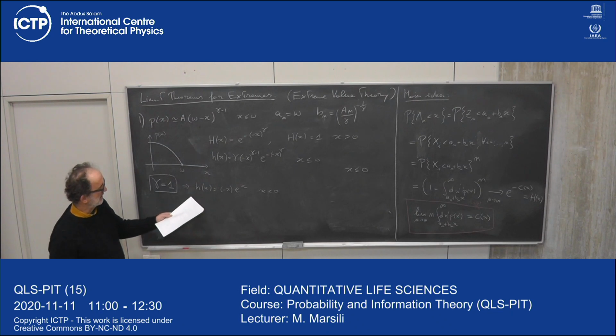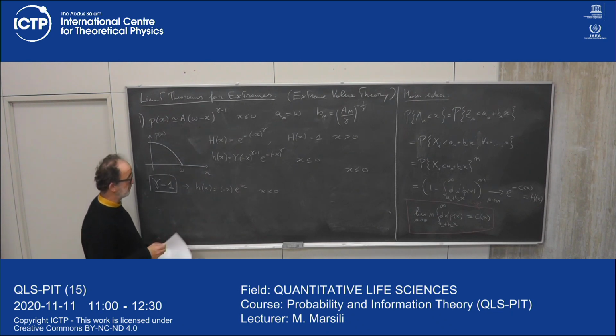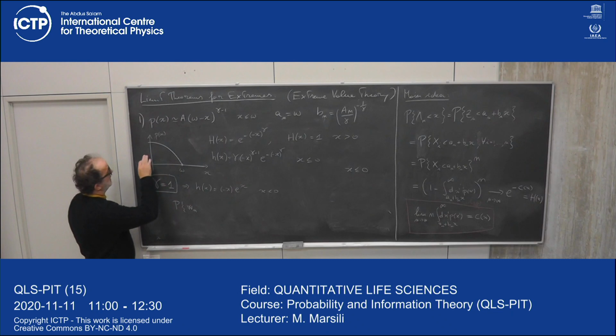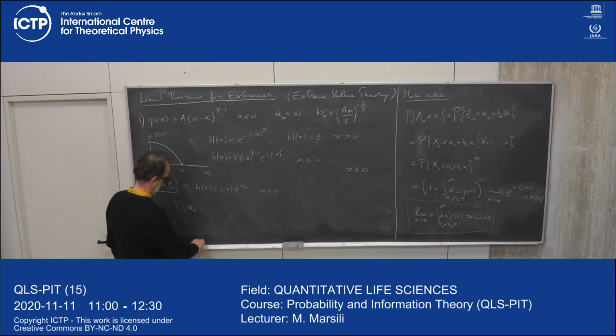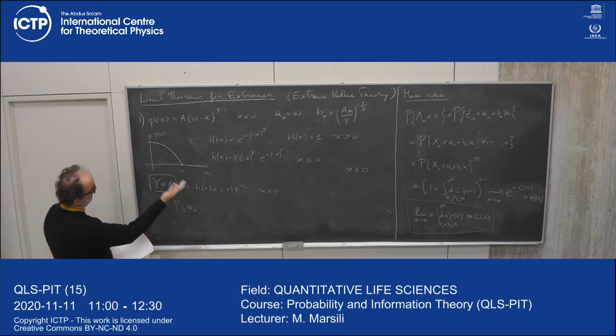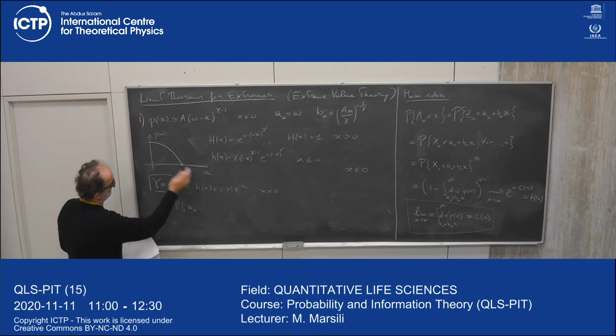So this tells you about the distribution of the minimum, so the probability that Wn, the minimum of n random variables, which now if you look at the minimum, you should look at functions which are inverted with respect to x.